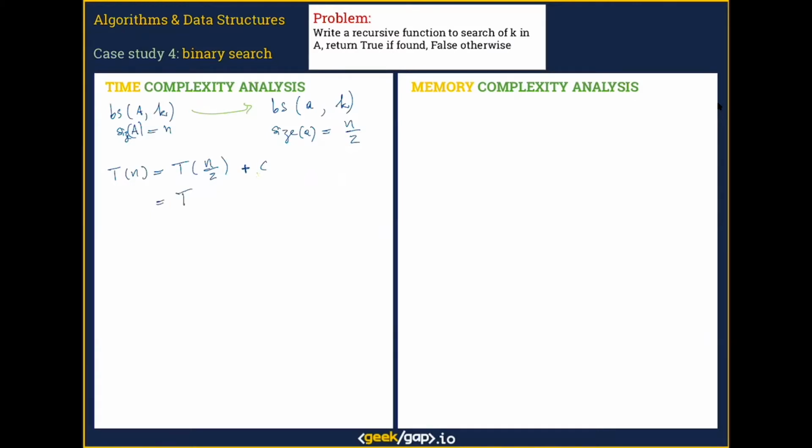We can continue reducing this: T of n divided by 4 plus c plus c, which is nothing but T of n over 2 plus 2c. If we carry on like this, we have T of n divided by 2 to the power of k plus kc, right?